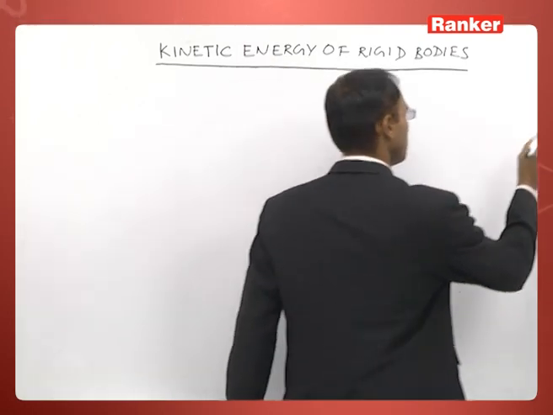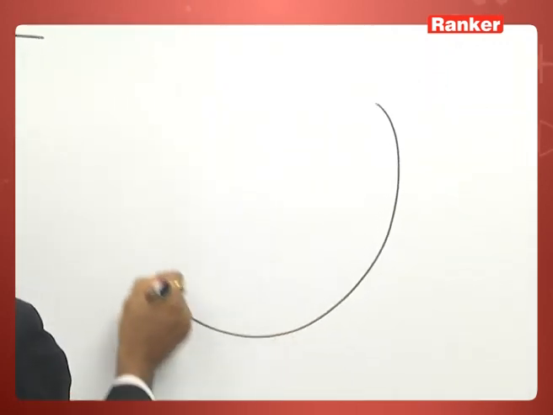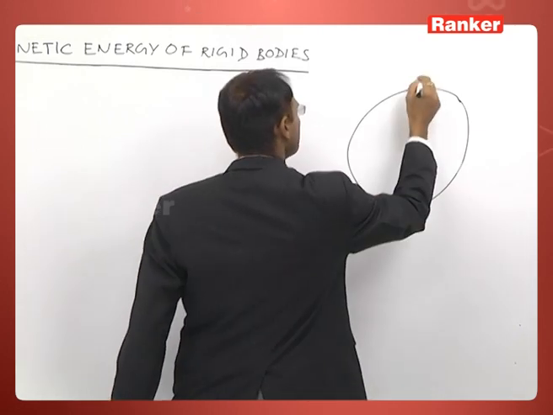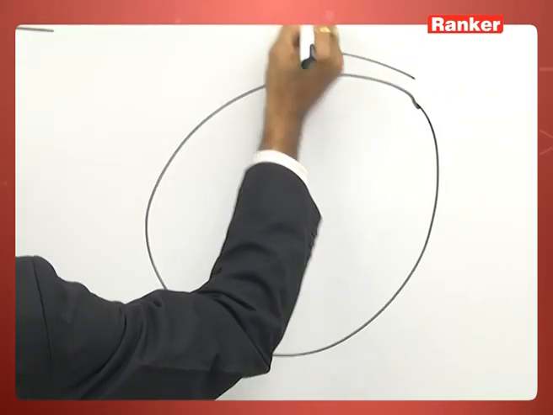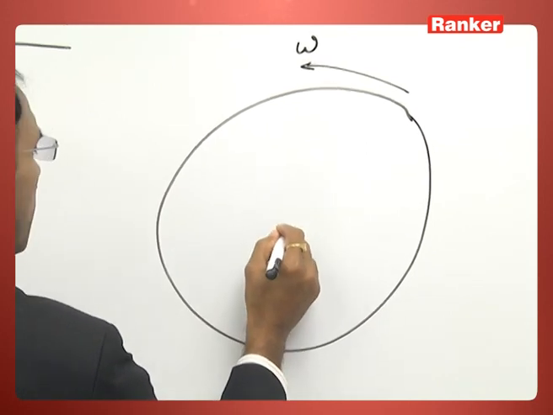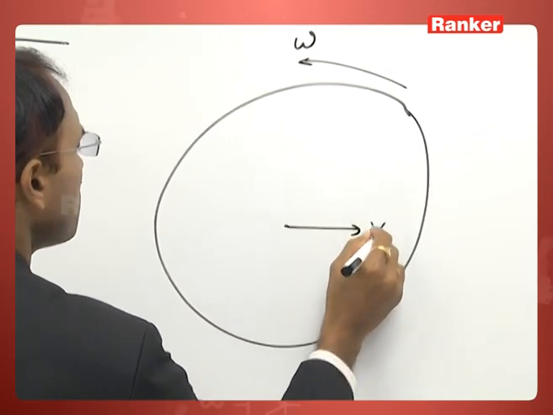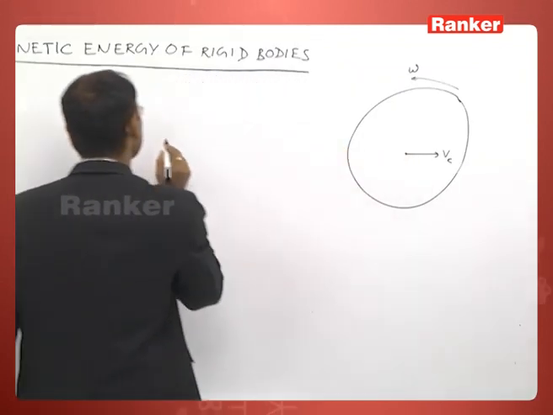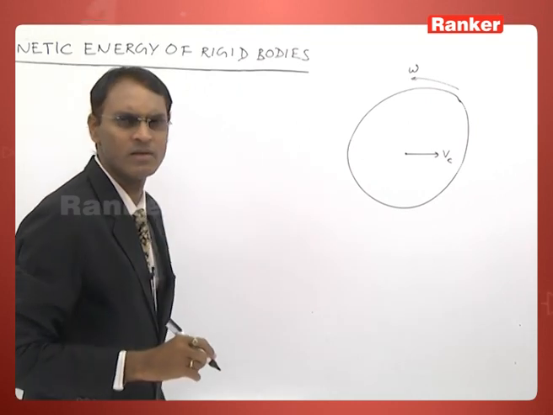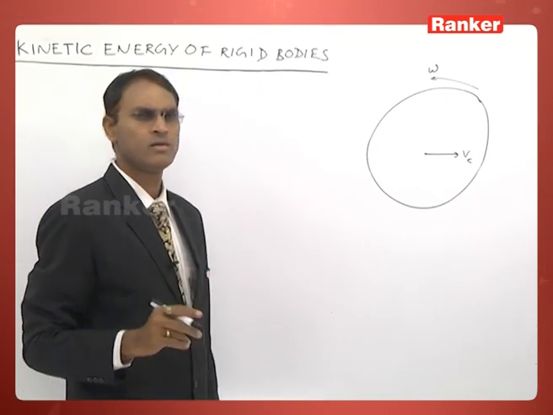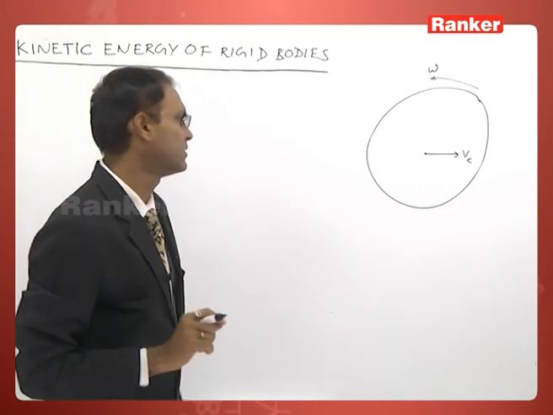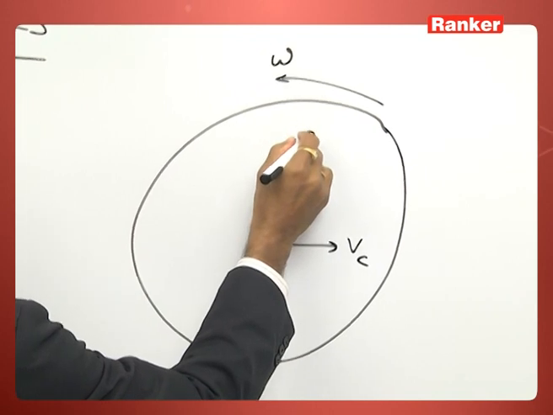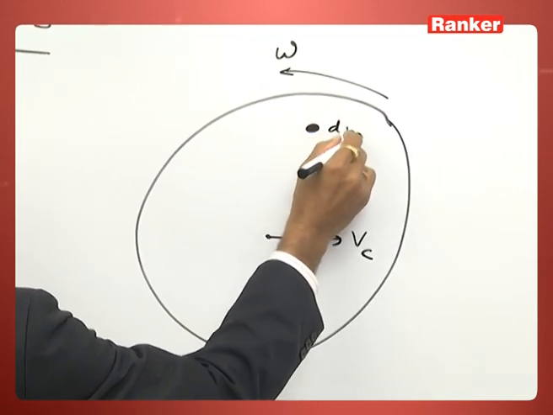If we take a rigid body which spins with angular velocity omega and its center of mass moves with the velocity Vc, to calculate the kinetic energy of the rigid body you have to take an element, a very small segment of the rigid body of mass dm.